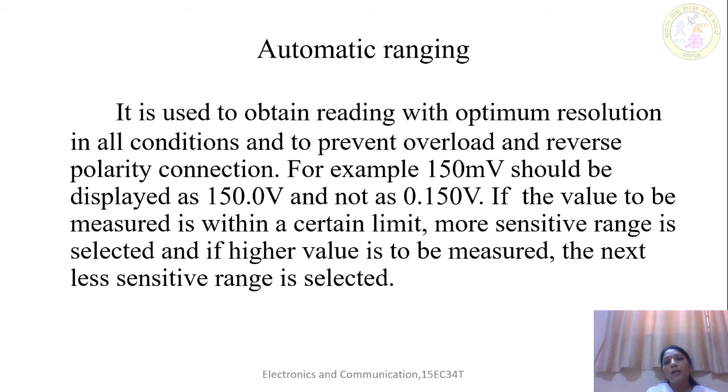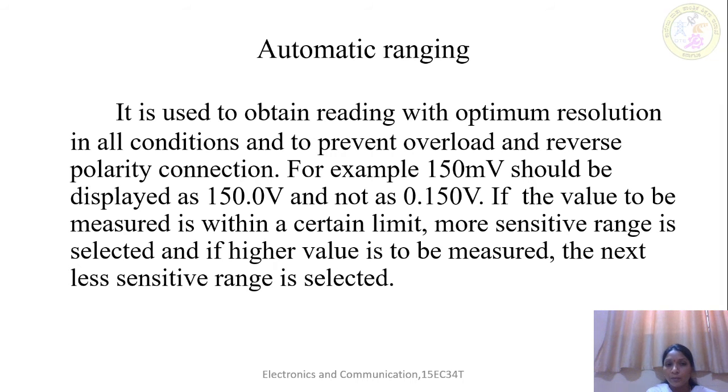So next is automatic ranging. It is used to obtain reading with optimum resolution in all conditions and to prevent overload and reverse polarity connection. For example, 150 millivolt should be displayed as 150 millivolt and not as 0.150 volt.